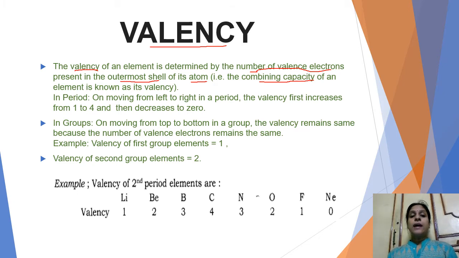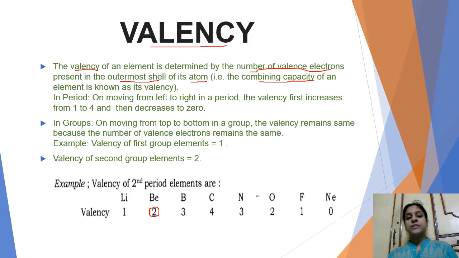Lithium atomic number is 3. If we do the configuration, it becomes 2 and 1. How many electrons are present in the outermost shell? 1. So its valency is 1. Beryllium atomic number is 4, and its configuration in K, L, M, N shells becomes 2 and 2. In the valence shell the electrons present are 2, so its valency is 2.